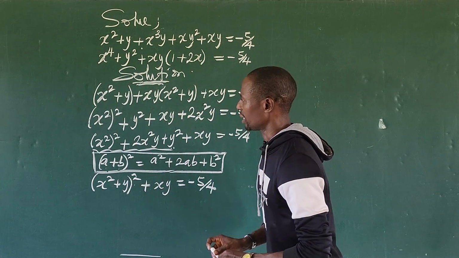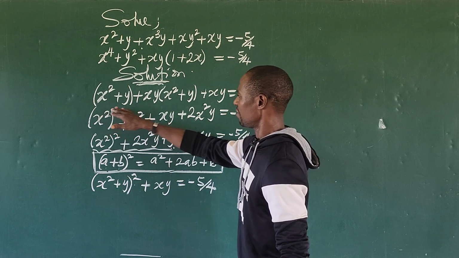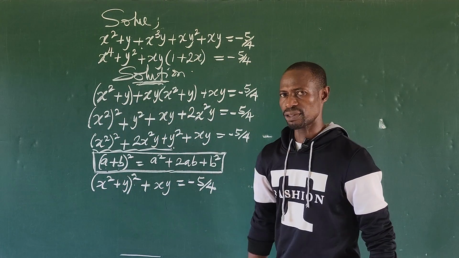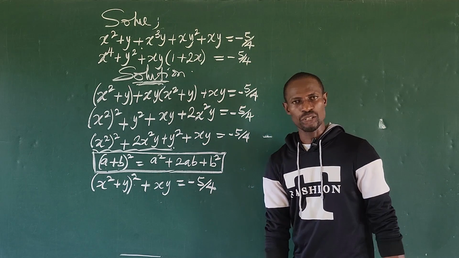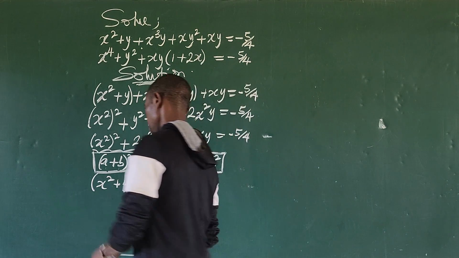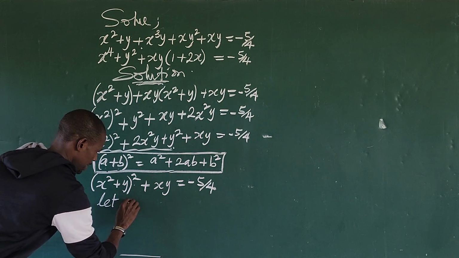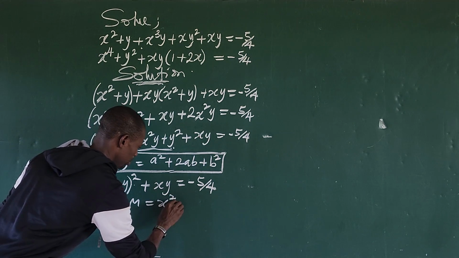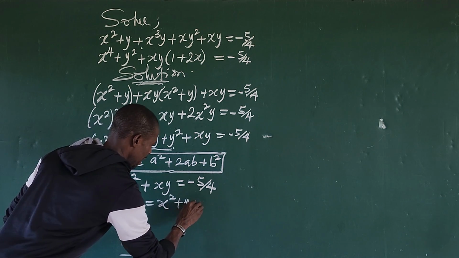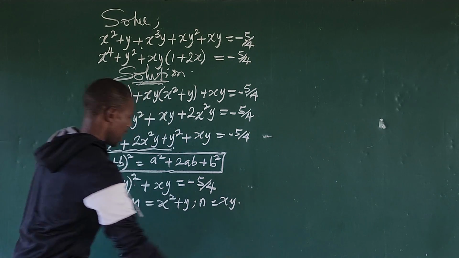Again, you now discover that we have x to the power of 2 plus y, like we established in the case of equation 1, and we also have xy here. So we do a simple substitution. Let m be equal to the first term, which is x to the power of 2 plus y, and n be equal to xy.